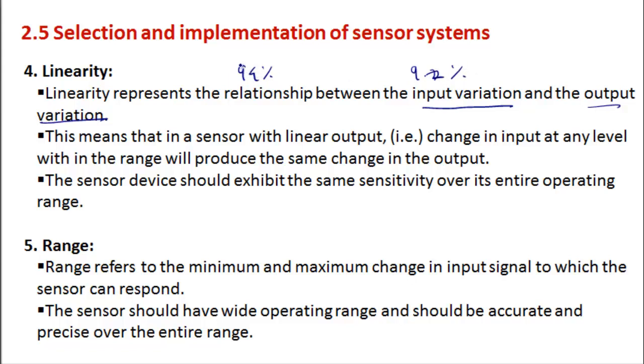Then the original value is changed to 96, and here the value changes to 94%. Then it changes to, let's say, 98%, and the value here changes to 96%. So you can see that the difference of 2 is maintained every time.